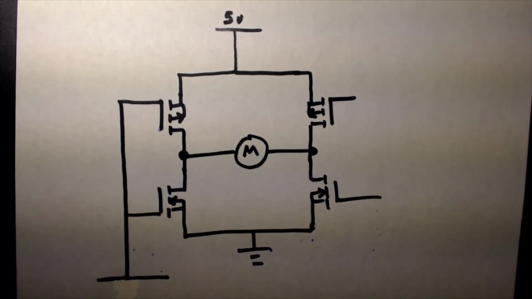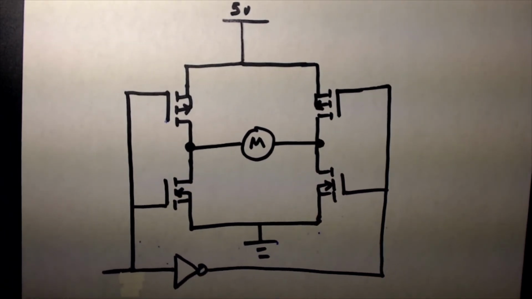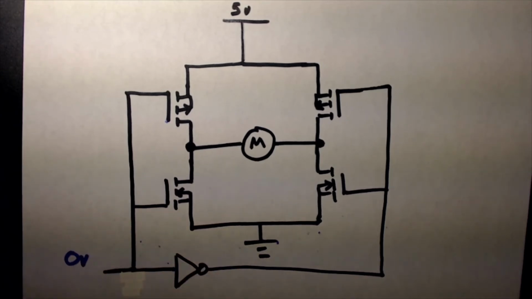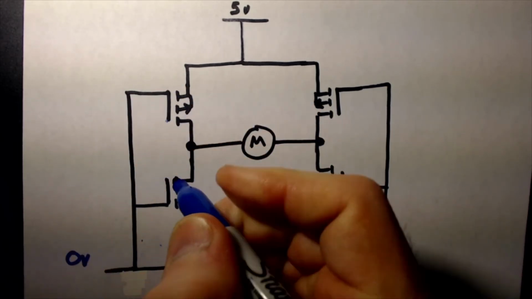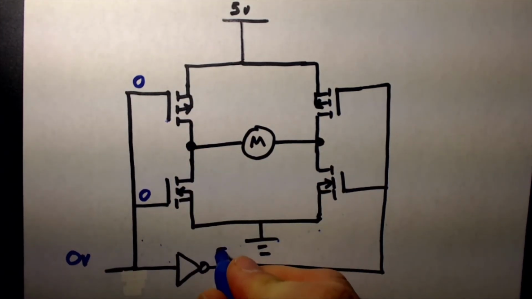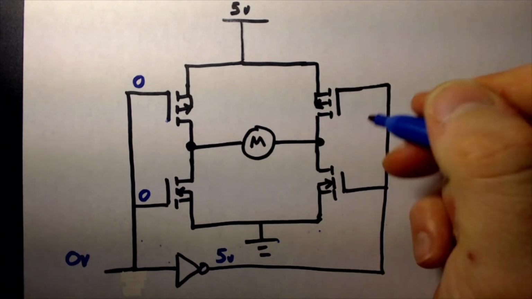And then I'll take this input signal, put it into a digital inverter, and bring that out to the other side. And now, when I apply 0 volts over here, all of these MOSFETs on the left get 0. And I get 5 volts on the output from this inverter. So I get 5 volts, or logic level 1, applied to the right side.